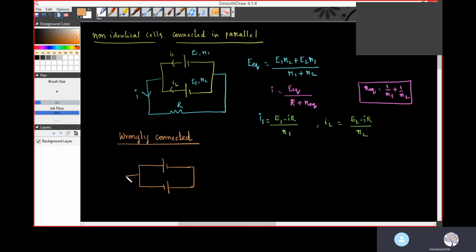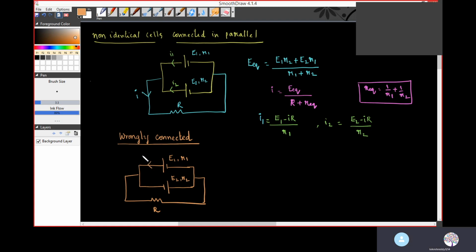This is connected to an external resistor of resistance R. Let us take this as E1 with internal resistance r1, and this as E2 with internal resistance r2.